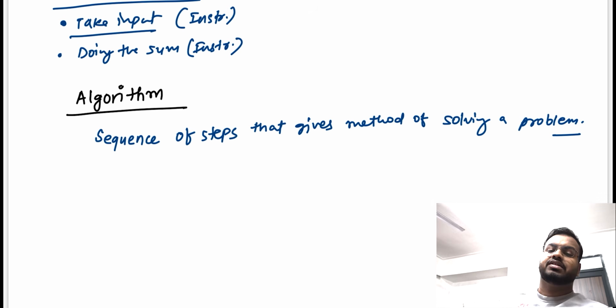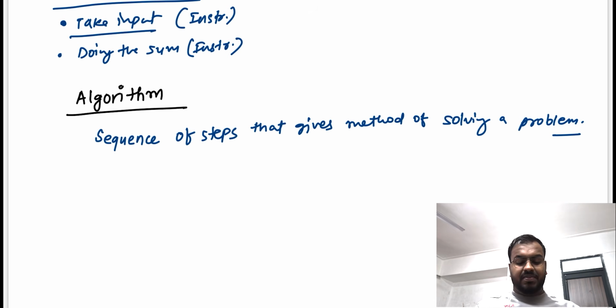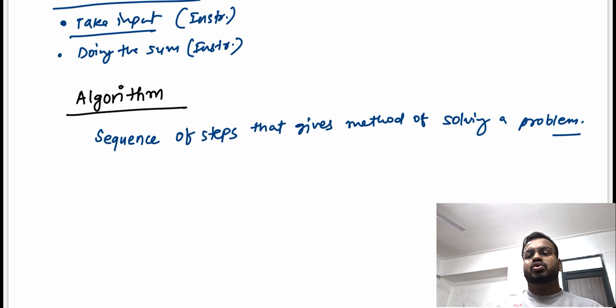Whenever we reach a problem statement, we write some steps and proceed to solve that particular problem step by step, and that step by step process is an algorithm. So an algorithm is just a sequence of steps that gives a method of solving a problem.